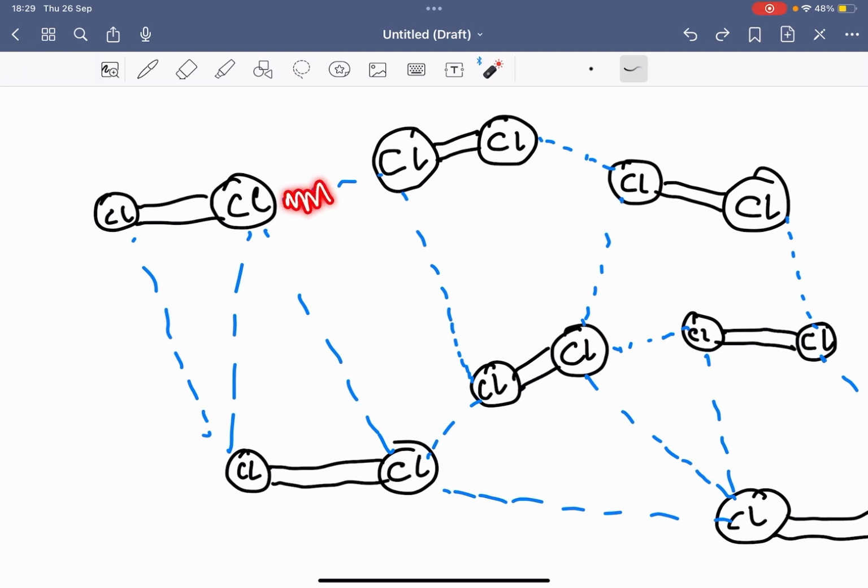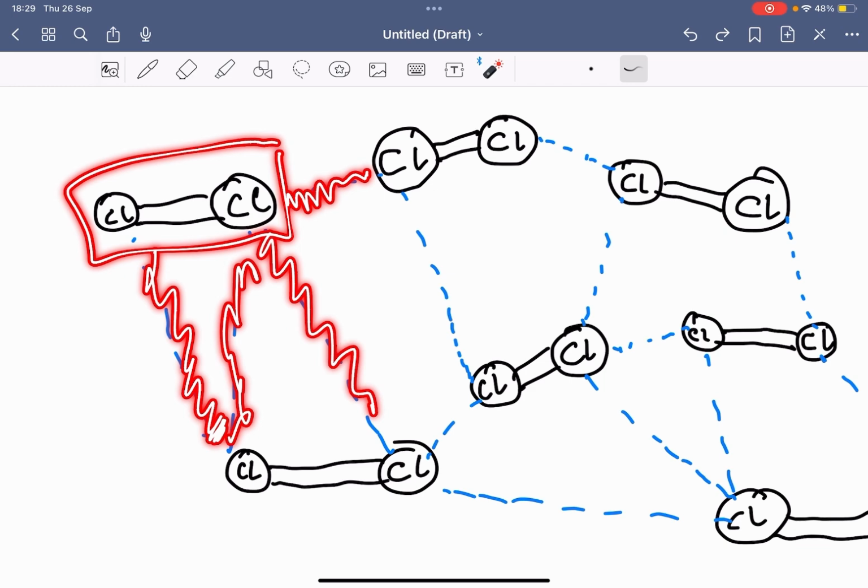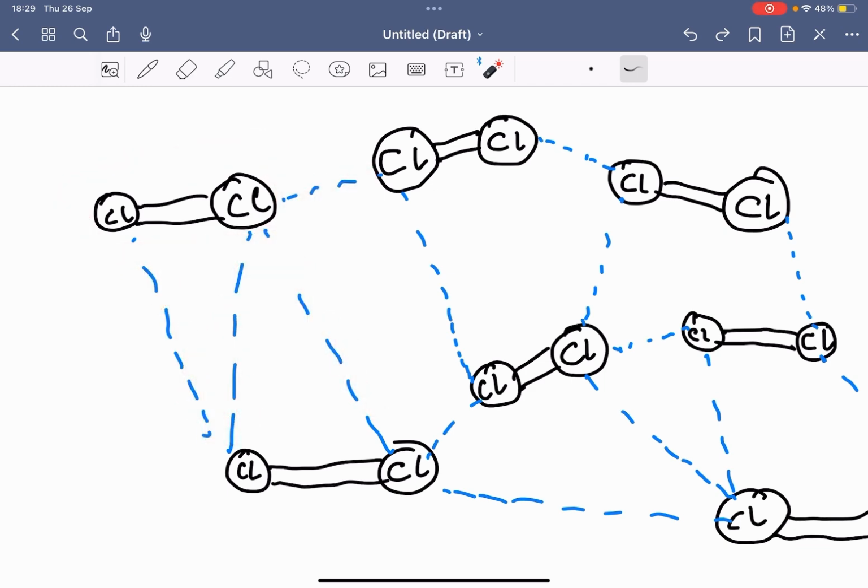You would just need to break these intermolecular forces here, and then the molecules separate. If I break all these forces, then this molecule here is separated from all the rest. You would do that for all of these forces, then the whole structure breaks. So you don't need to break the covalent bonds. Breaking the intermolecular forces is a lot easier than breaking the bonds, so it takes a lot less energy. So typically simple molecular structures have a lower melting point.